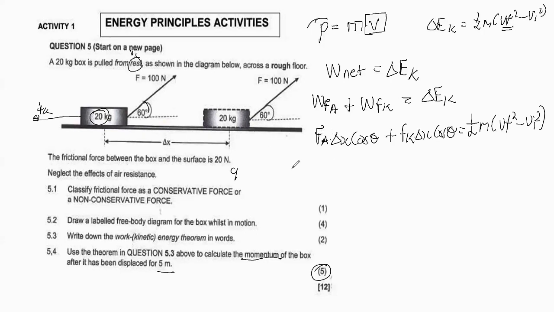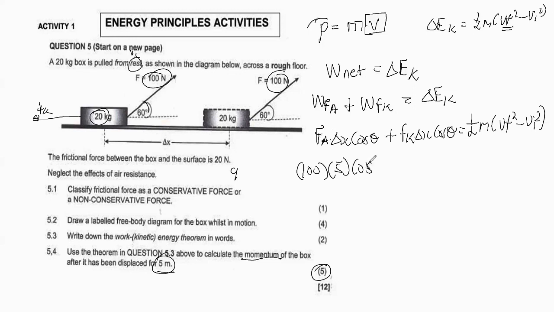So what is our force applied? We've been given here that it is 100 Newton. That's shown here. And then that's 100. But then they said this block is displaced for 5 meters. And then that's cos.